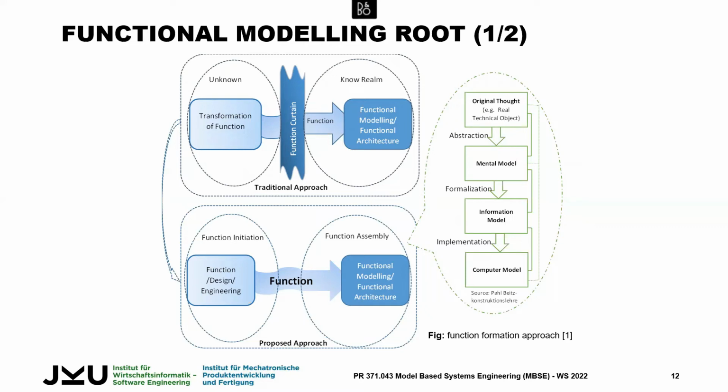But how these functions are coming is mostly undefined. So Professor Simon was asking that before going for the functional design, we're supposed to identify or qualify that function. Is this function the real function that we are trying to have for our product development?